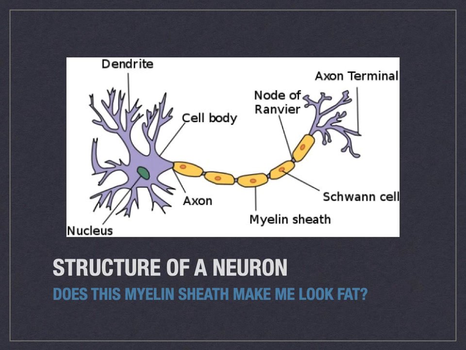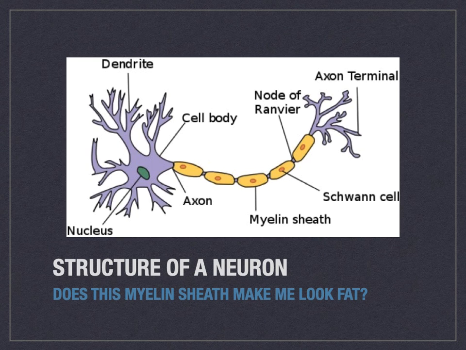So that signal's coming into the dendrite. It hits the nucleus. The nucleus then is going to either fire or not fire. And as you can see, there's that long kind of yellow sheath of what is called the myelin sheath. Basically, that's a layer of protective fat that's coming around what's called the axon of the nerve.